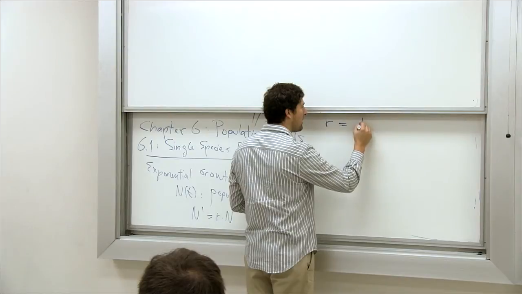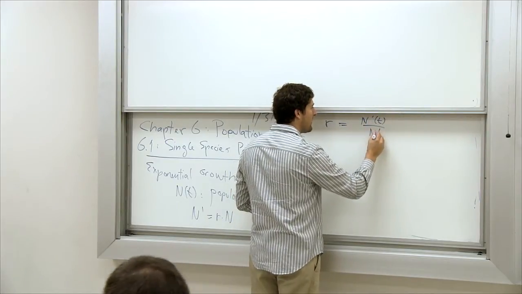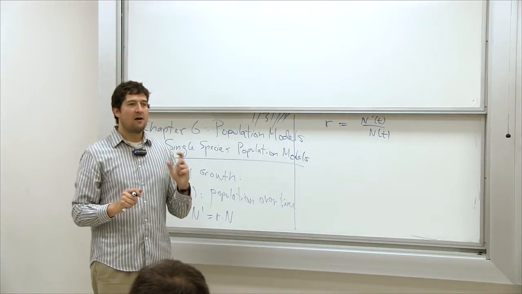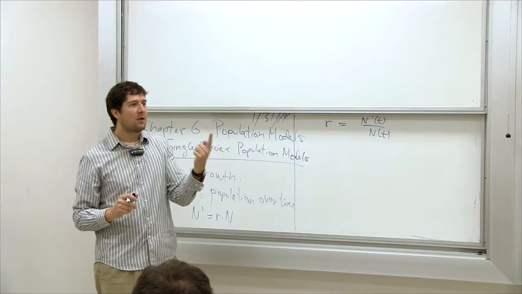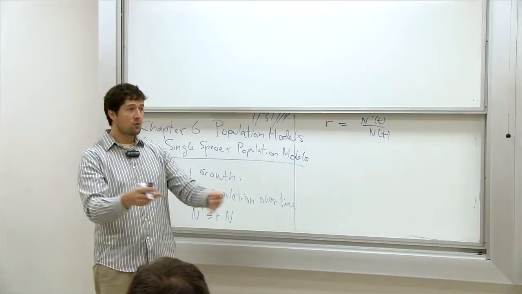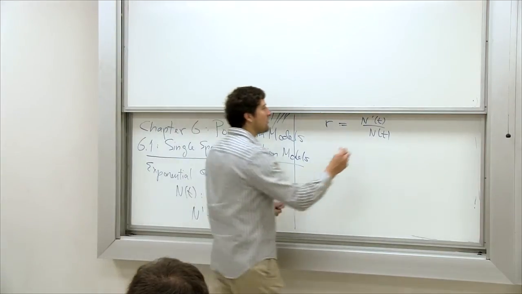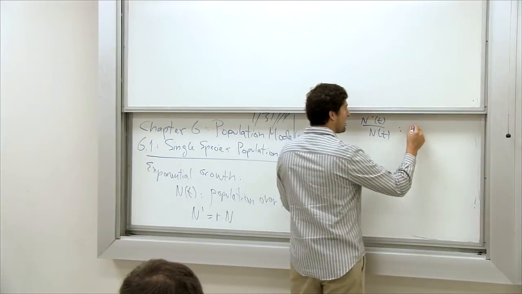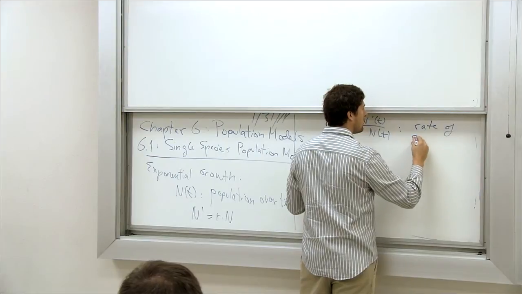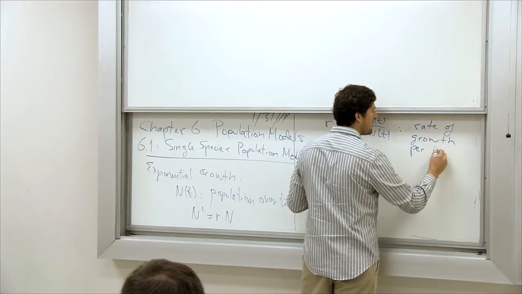It's the rate of growth per individual, you know? Like r is equal to n prime of t divided by n of t. Right? It's like how fast each individual on its own is contributing to spread the population. Does that make sense? Right? So this is something like the rate of growth per individual.